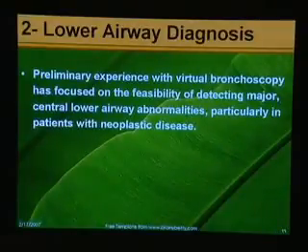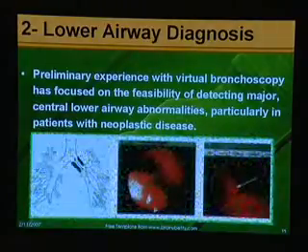Coming to the lower airway diagnosis, preliminary experience with virtual bronchoscopy focused on the feasibility of detecting major central lower airway abnormalities, the most important being neoplastic lesions, and of less importance, bronchiectasis.